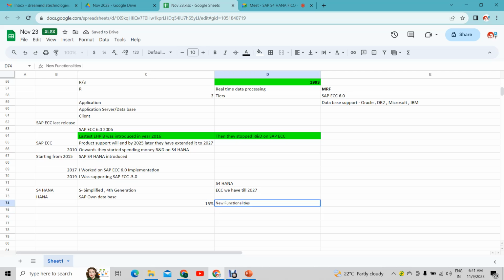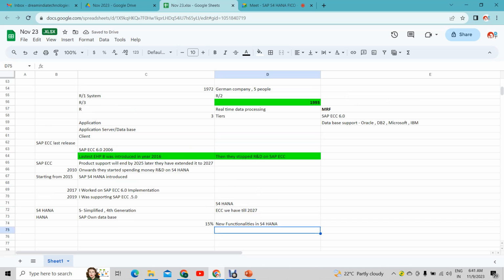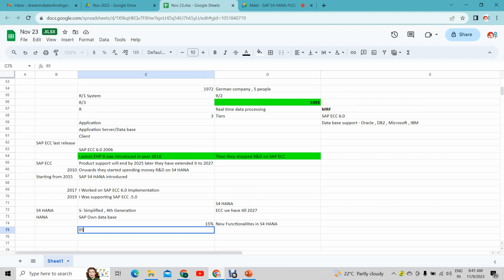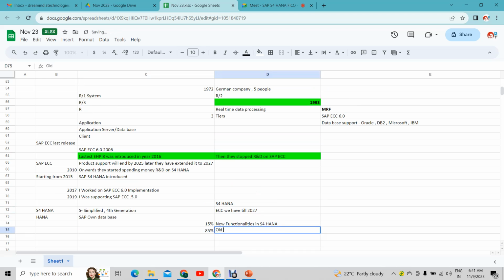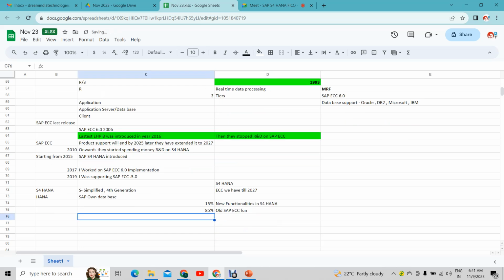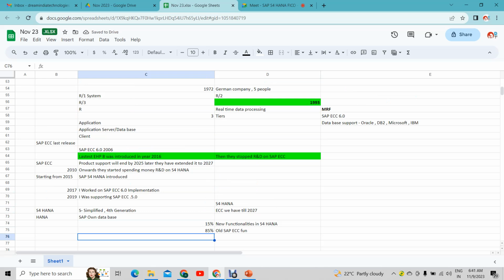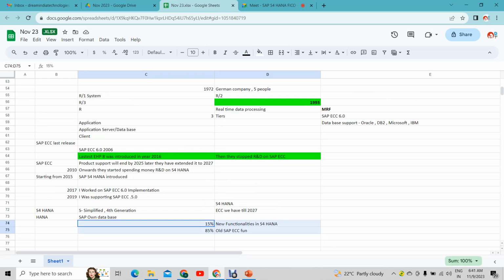New functionalities in S4 HANA. Now tell me, in S4 HANA, I am telling new functionality, whatever the old functionalities are there, they are 85% old SAP ECC functionalities. Now tell me, if you learn SAP S4 HANA, are you missing anything?